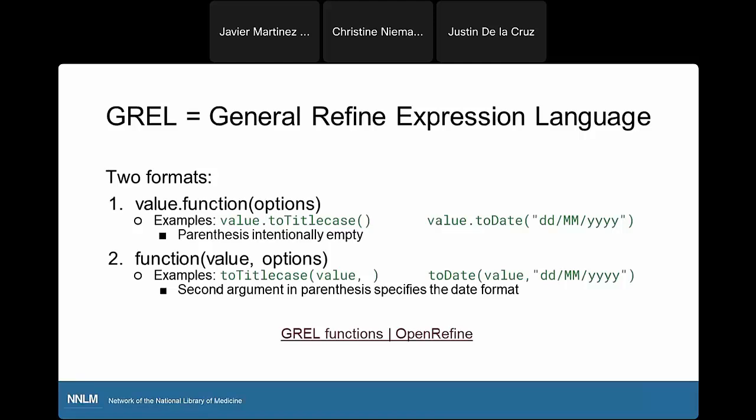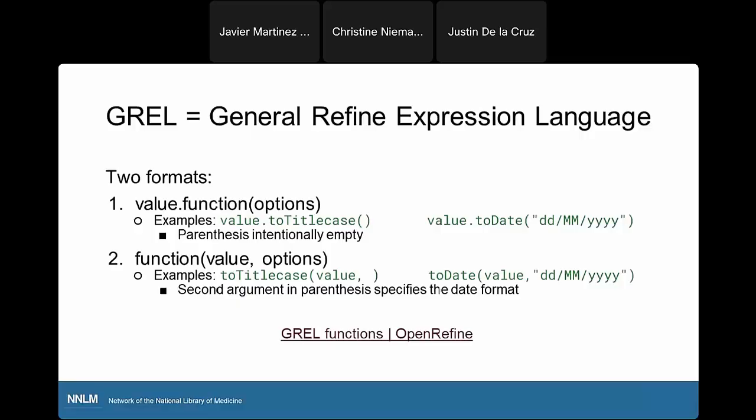The second way to write a GREL expression is to start with the function, and then in the parentheses we would start with value, which is our starting value, and then a comma and then add the arguments after that, still within the parentheses. So again, these are very similar ways to write expressions, and we'll look at both of these today.